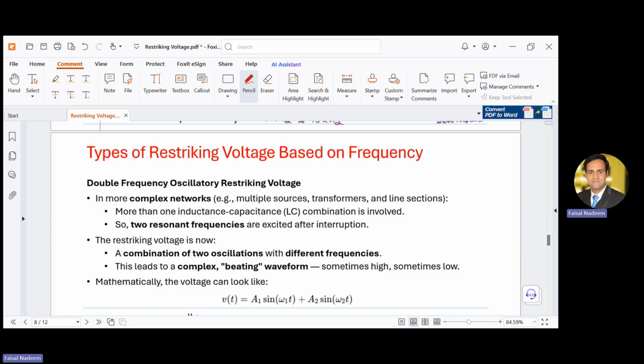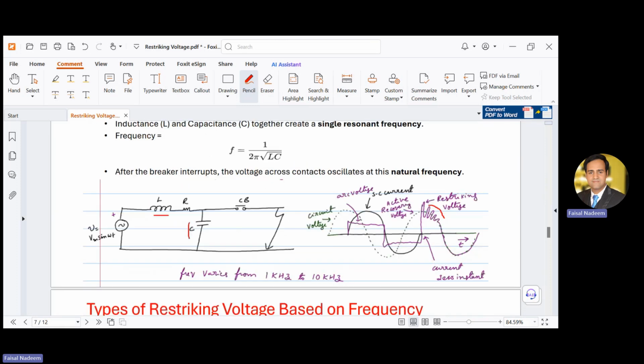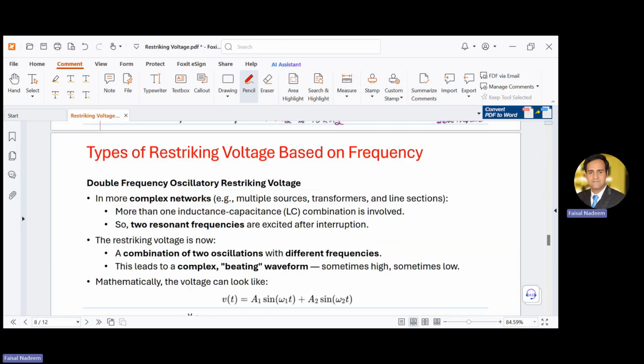In this case, two resonant frequencies are excited after interruption, giving a combination of two oscillations with different frequencies. This leads to a complex beating waveform. I hope it is clear to you what the difference is between the single frequency oscillatory restriking voltage and the double frequency oscillatory restriking voltage.